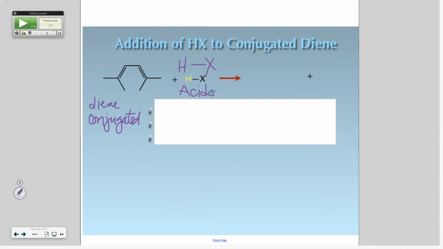So what are they going to do when you have one double bond? Do you know how to add HX to a double bond? One carbon gets the H and one gets the X. What is the first step? You add the proton. You protonate. So we're going to protonate this. Okay, so what do we have now?